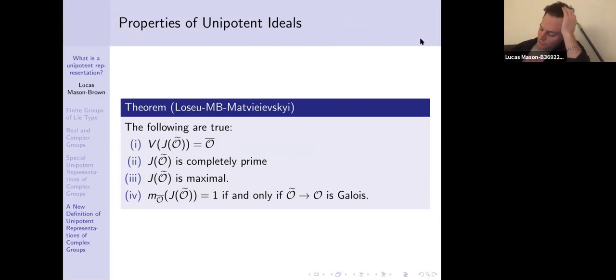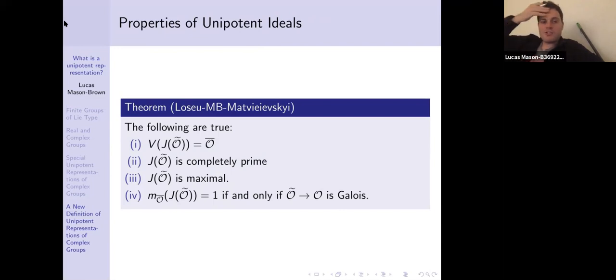So here are some very general properties of unipotent ideals. First, not very surprisingly, the associated variety of the unipotent ideal attached to a cover, O tilde, is just the underlying orbit. All of these ideals are completely prime. This property is not so surprising.